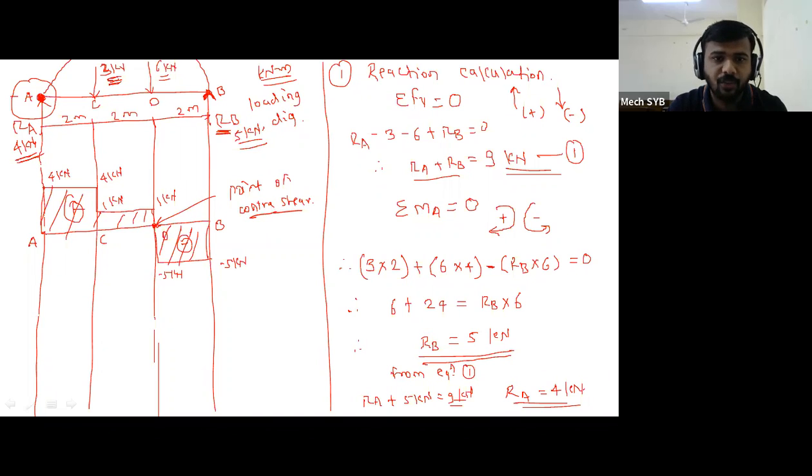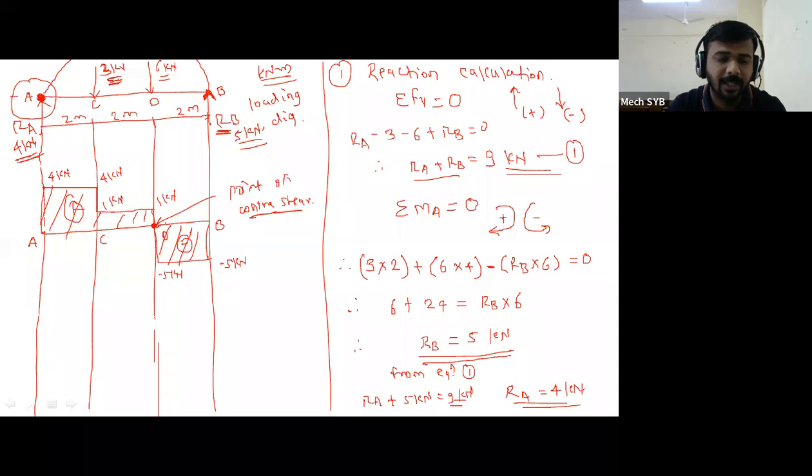We have two definitions. The first definition is that the point where the SF diagram changes its sign from positive to negative is called a point of contra shear. At point D, the change from positive to negative is taking place, so this point is called a point of contra shear.